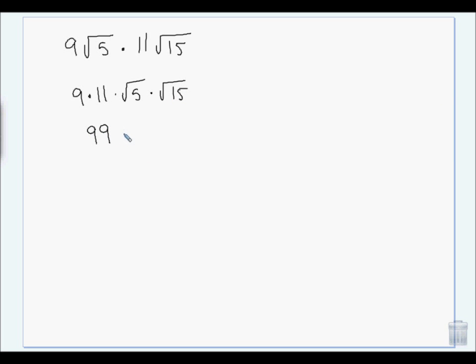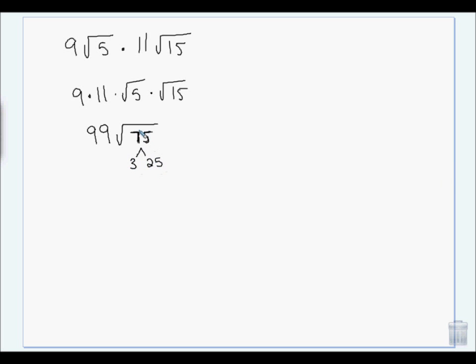Okay, so for another example, if I take 9 times the square root of 5 times 11 times the square root of 15. Okay, I'm going to do 9 times 11 and the square root of 5 times the square root of 15. 9 times 11, that's easy, that's 99. And then 5 times 15 is 75. And then I need to check this 75 and see what I can bring out of it.